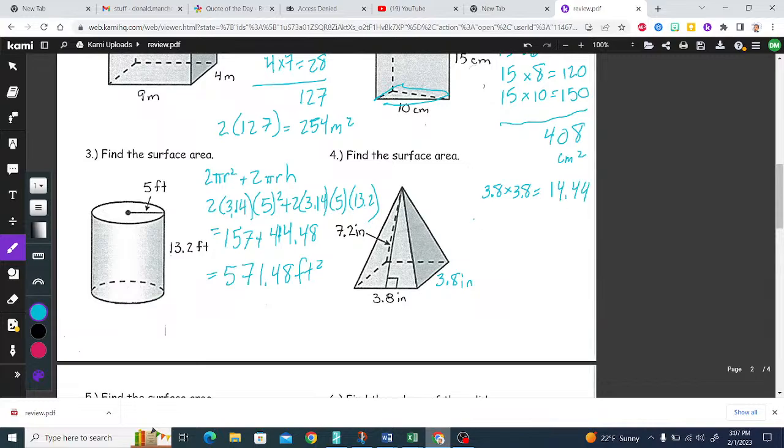Then we have 4 triangles, each having 1/2 of the base, which is 3.8, times the height, which is 7.2. And so 4 times 0.5 times 3.8 times 7.2, that gives us 54.72. When we add those together, we get 69.16 inches squared.